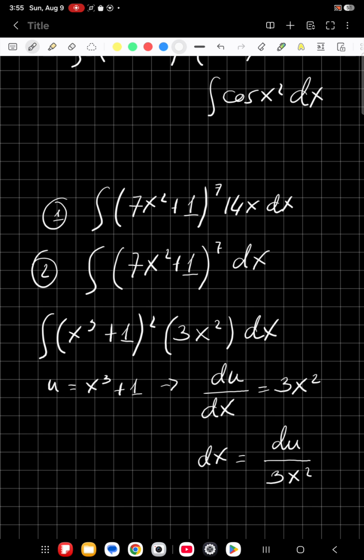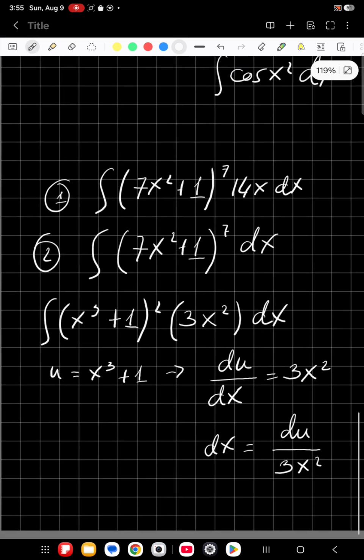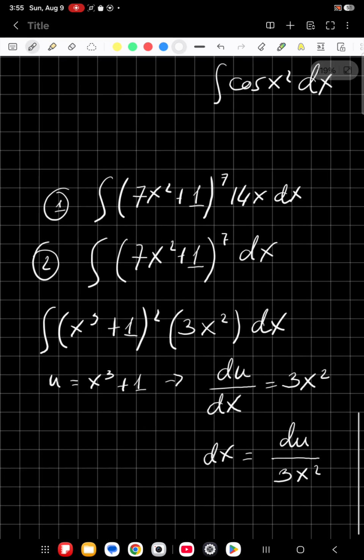Now we go back to the original and replace this with u, and then those 3x squareds will cancel out. So let's do that. I have the integral of u squared, then I have that original 3x squared, then I have du over 3x squared.